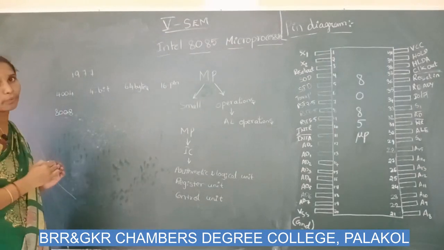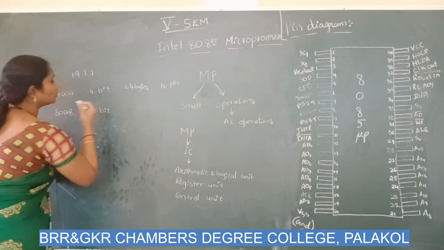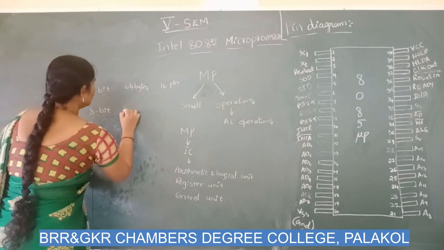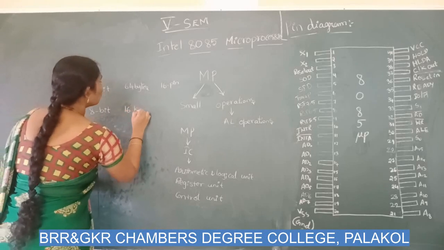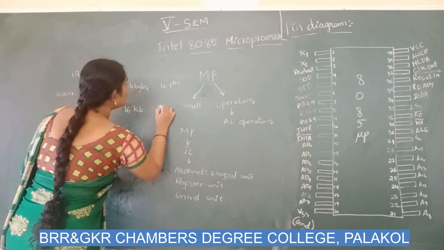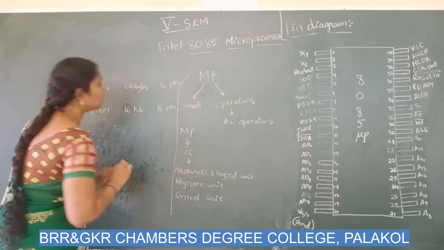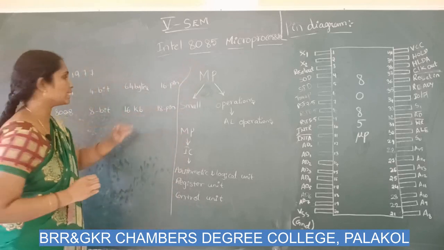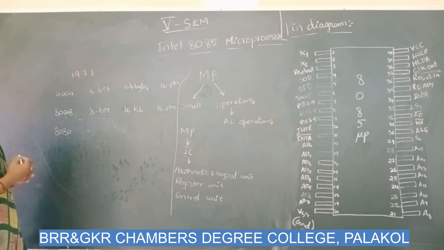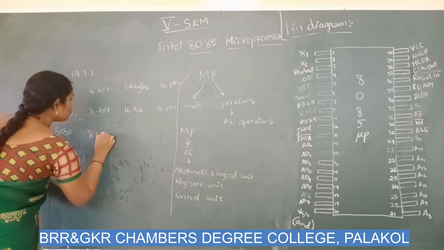After that it is the 8008 microprocessor. It is an 8-bit processor. The memory size of this microprocessor is 16 kilobytes, and it has 18 pins. After that the 8080 microprocessor. It is also an 8-bit processor.